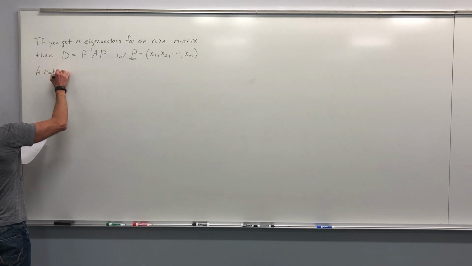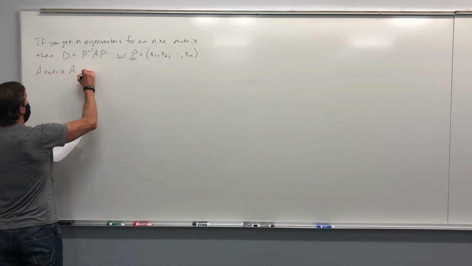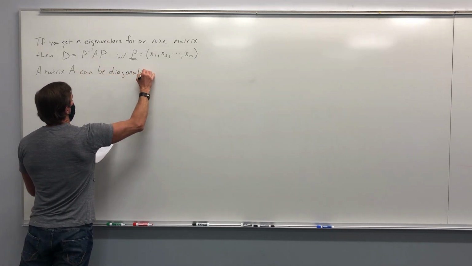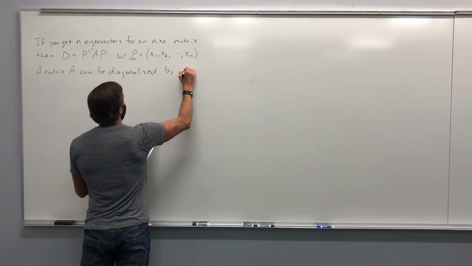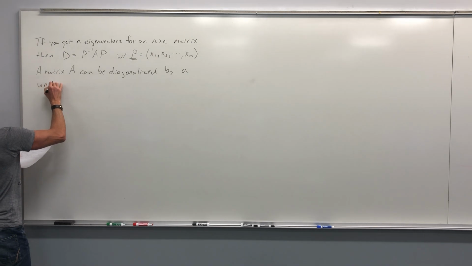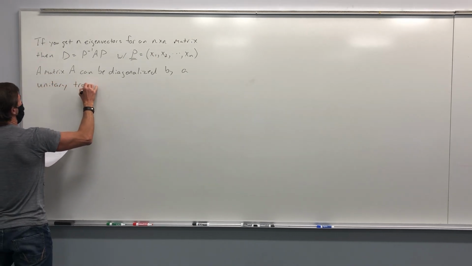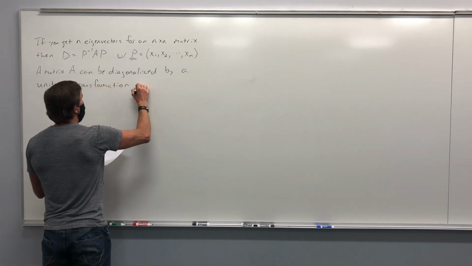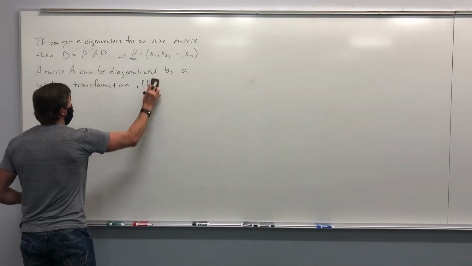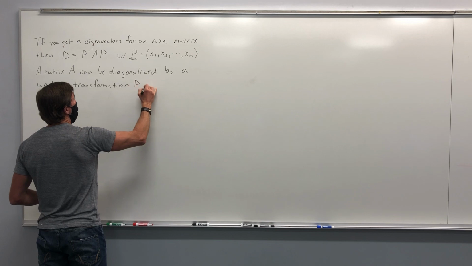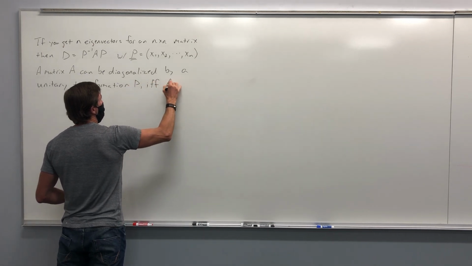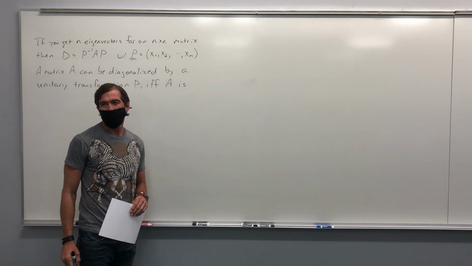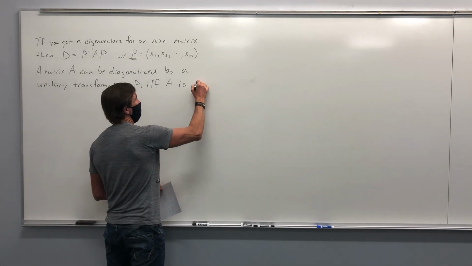A matrix A can be diagonalized by a unitary transformation if A is normal.